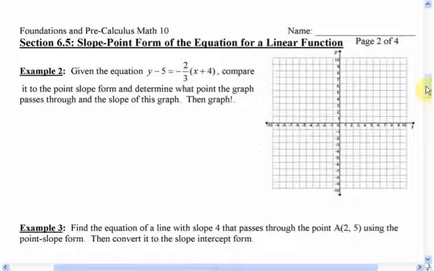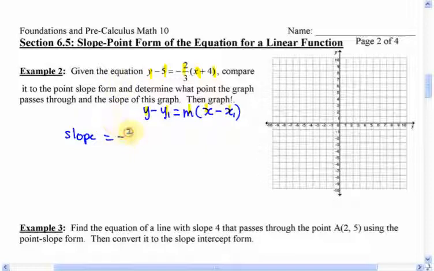As a quick review, point slope form is y minus y1 equals m bracket x minus x1. So I'd like you to compare. By comparison, can you tell me what the slope is?